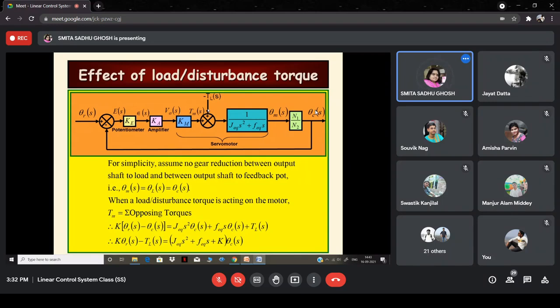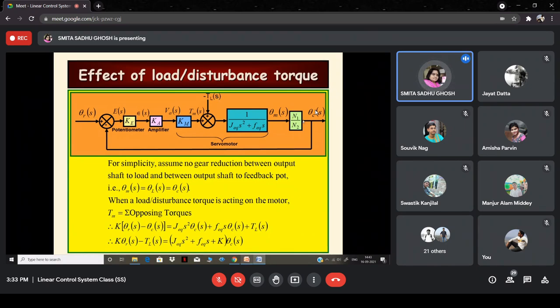So when we want to get the model of this overall system in the transfer function form, we would have to consider the transfer functions with respect to both the inputs. There will be one transfer function of the output to the reference signal.